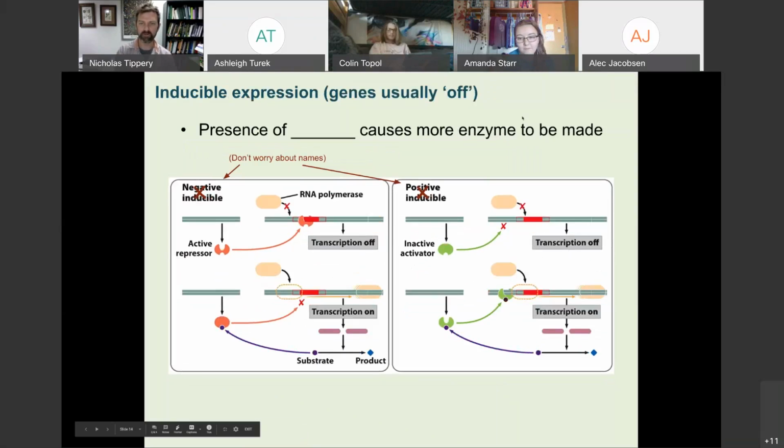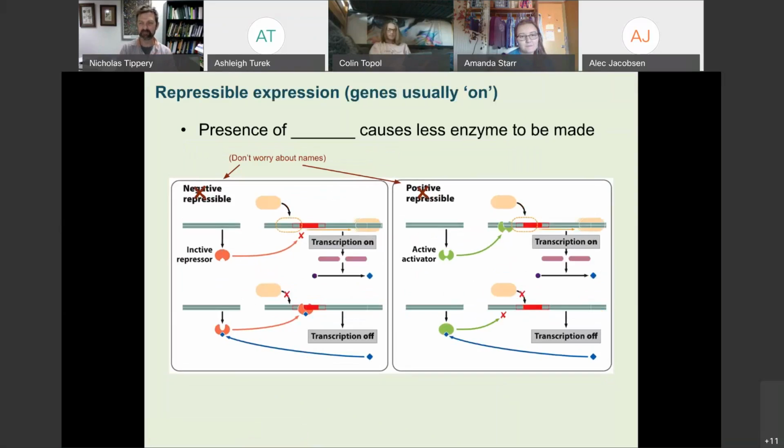Okay, so inducible, and then repressible. So repressible genes are genes that are usually on, or on in the absence of this signal molecule. But when the signal molecule is present, this is now the product of that reaction.